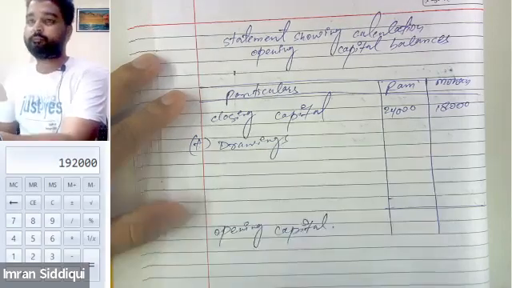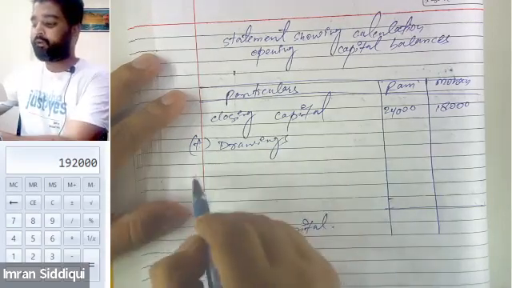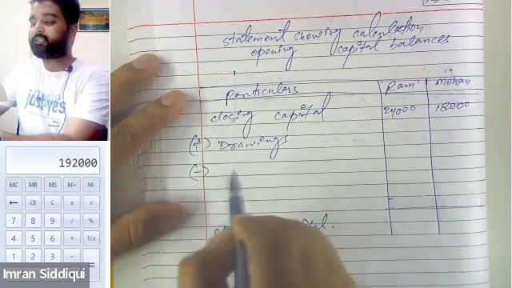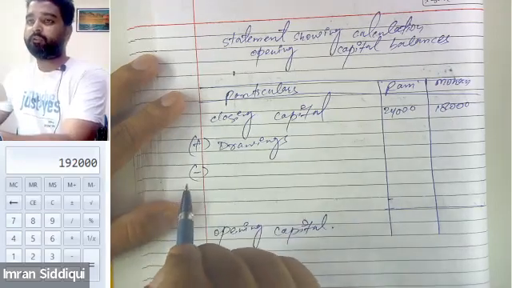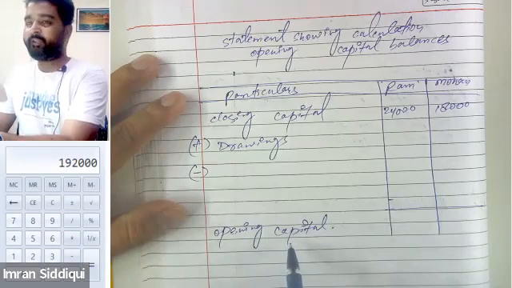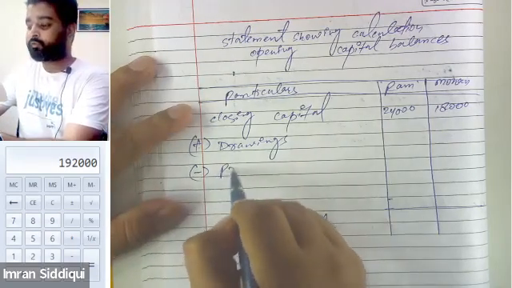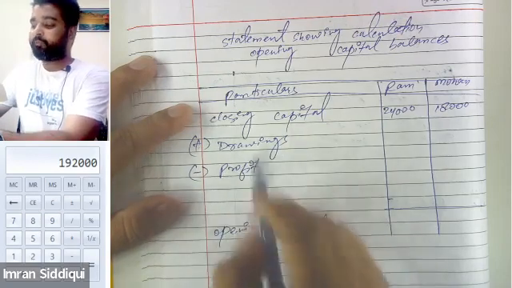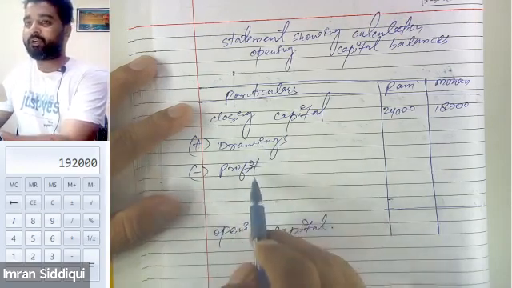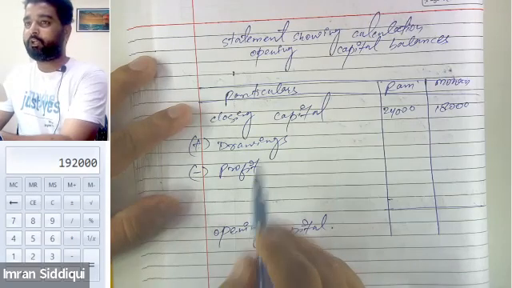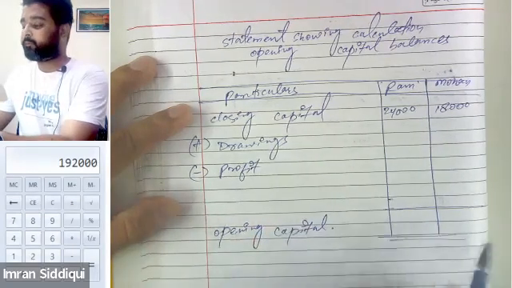If there was profit that is distributed among the partners, then in order to find out the opening capital balance, we will subtract such profit out of it. So by adding the amount of drawing and subtracting the amount of profit out of the closing capital, you will be able to find out the opening capital.